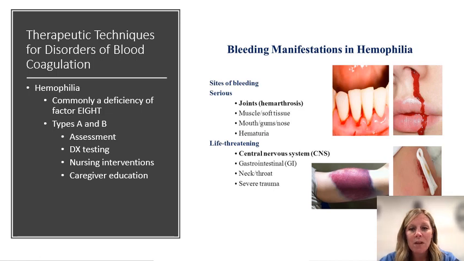Often, you're not going to see this bleeding in the first year of life until the child starts to walk and fall. One thing that we do actually see where this can be helpful within the diagnosis is when we're doing circumcisions on the kids in the nursery. Those that are really uncontrolled bleeders, we may want to rule out some type of a hemophilia, okay?